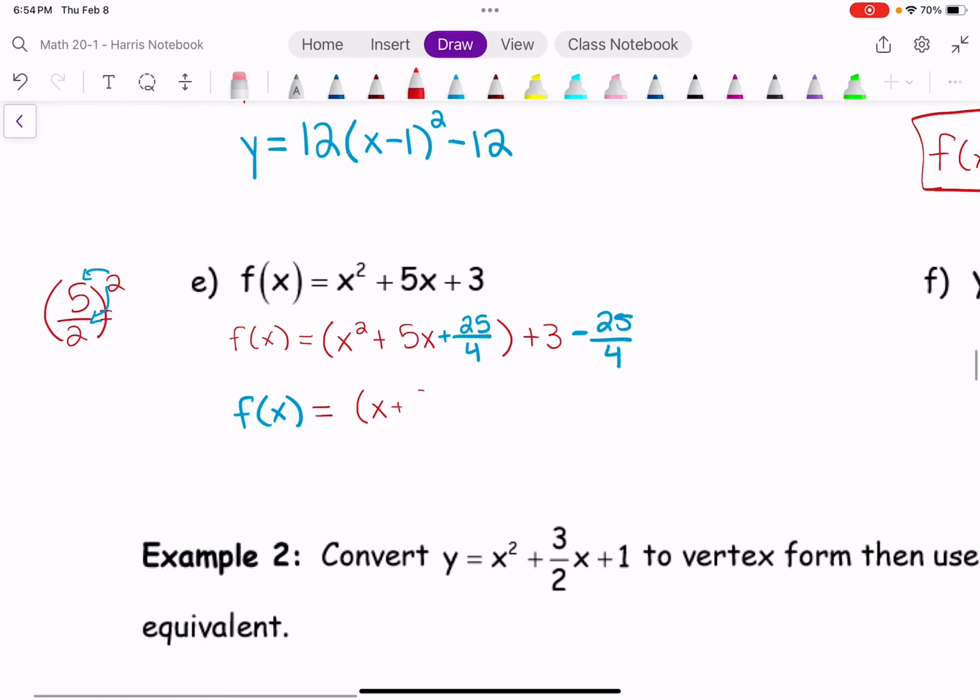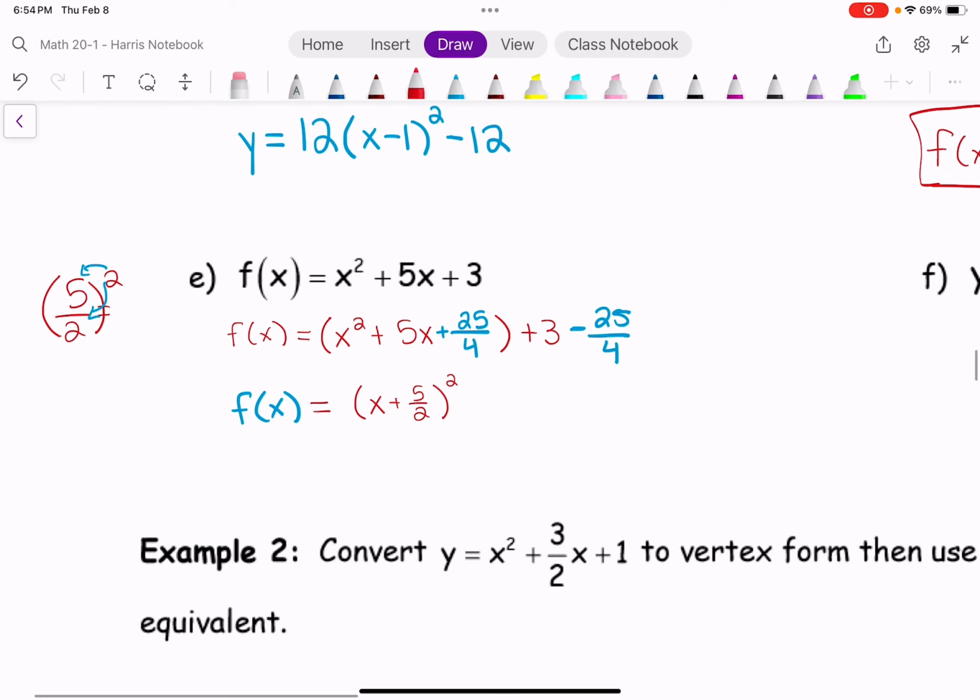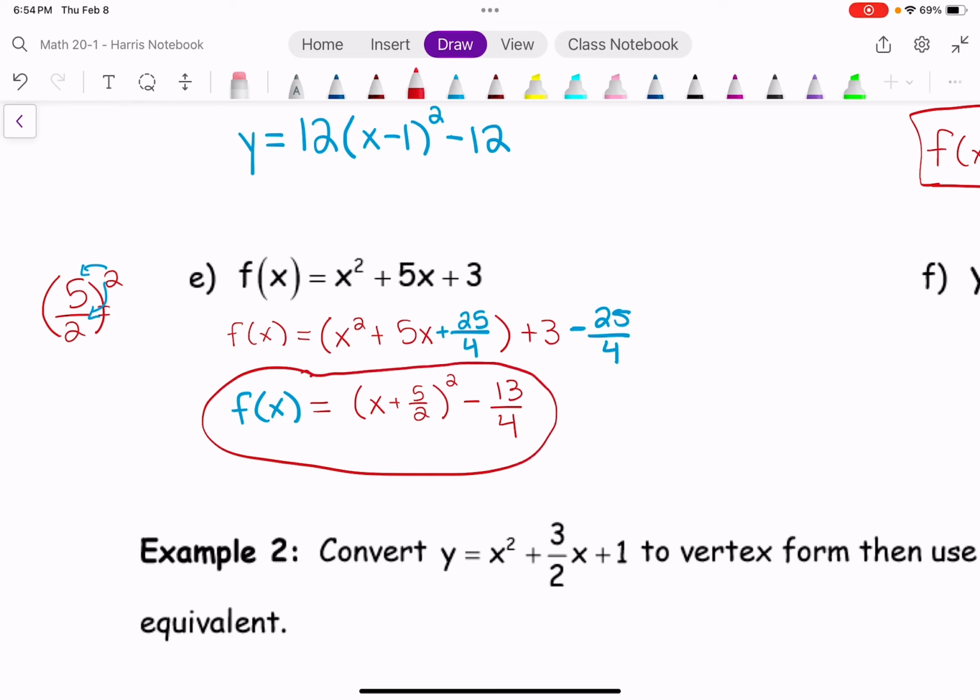So x plus 5 over 2 squared. And then I have positive 3, subtract 25 over 4. You can use your calculator if you don't like dealing with the fractions, but it ultimately comes out to negative 13 over 4. And this is my final answer here.